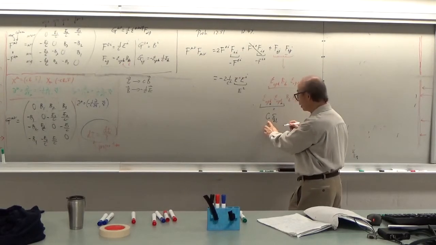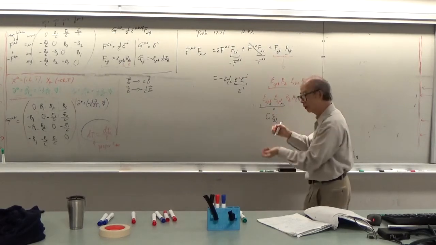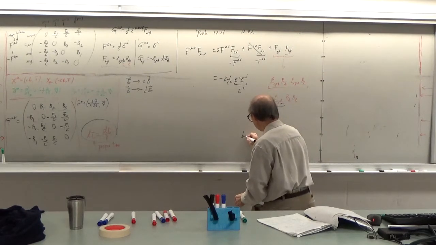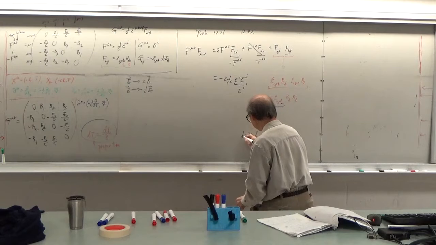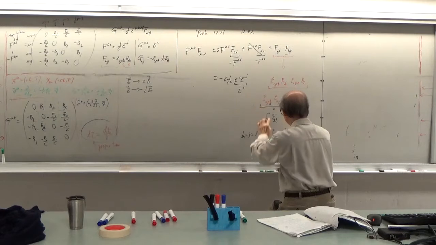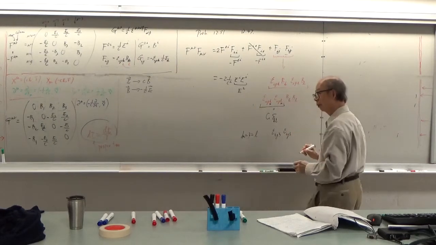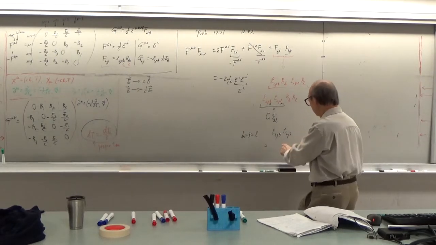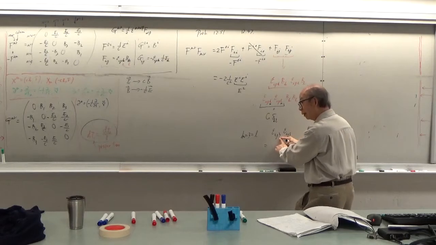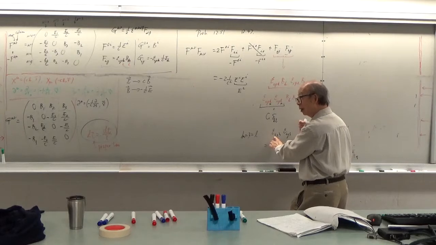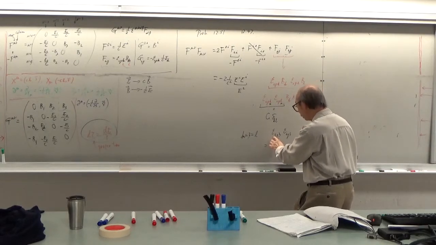To determine this factor C, all I have to do is consider a particular value of k and l. Let me consider k equals 3 equals l. In that case, I have epsilon ij3, epsilon ij3, with the sum over i and j understood. Since 3 is taken already, I can only take on the remaining two values, 1 or 2. When i is 1, j is 2, and when i is 2, j is 1.